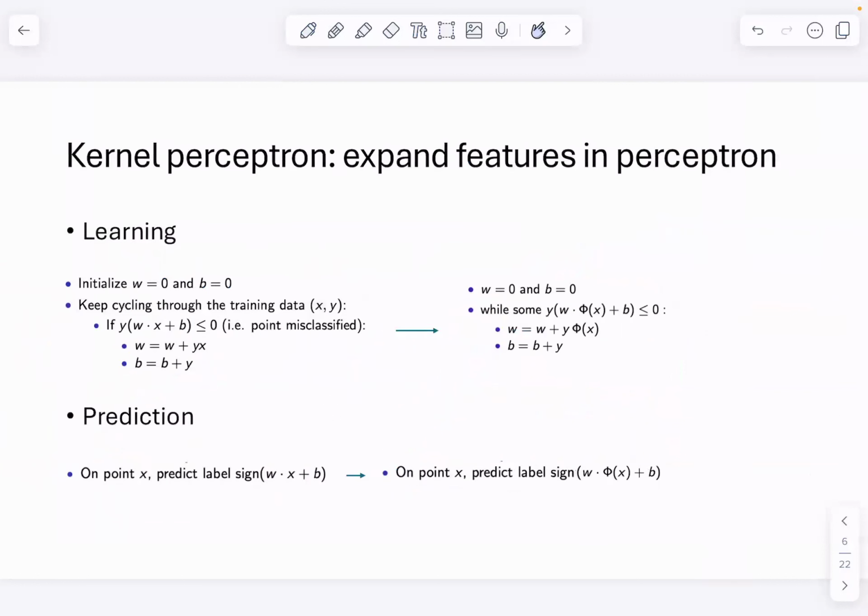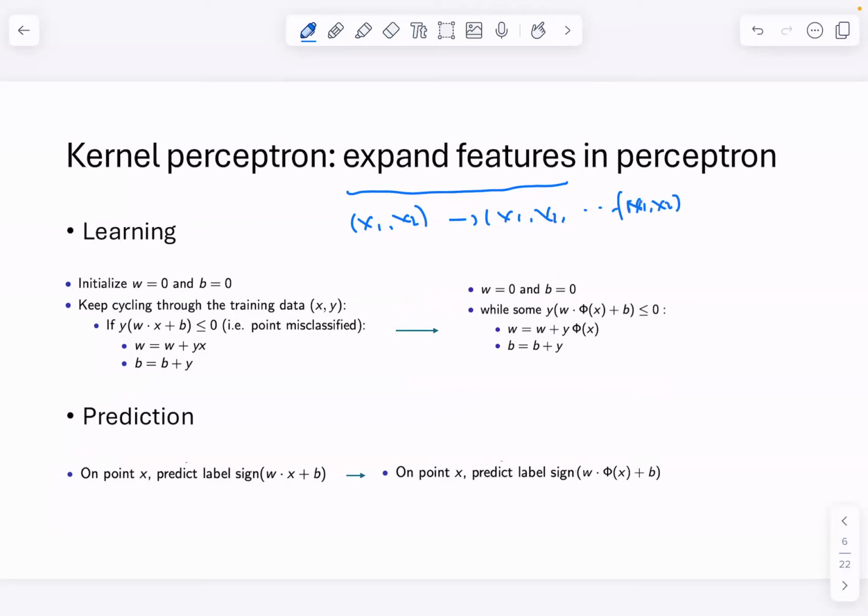So then we have the kernel perceptron. Basically, the kernel perceptron tries to address this low expressivity problem of the original perceptron algorithm. The idea is quite simple. Basically, we just expand the features, right? If originally we only have x1, x2, these two features, then we do some combination of them to expand it to a higher dimensional space, right?